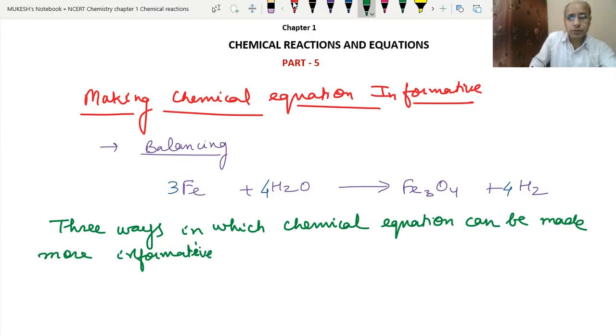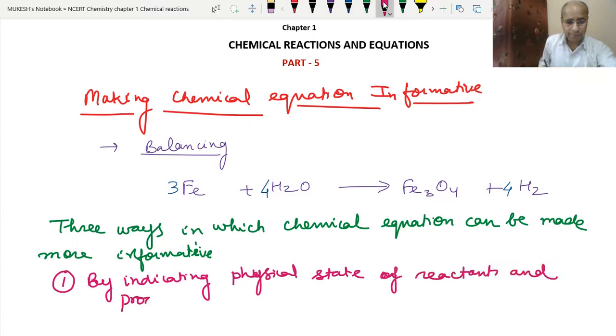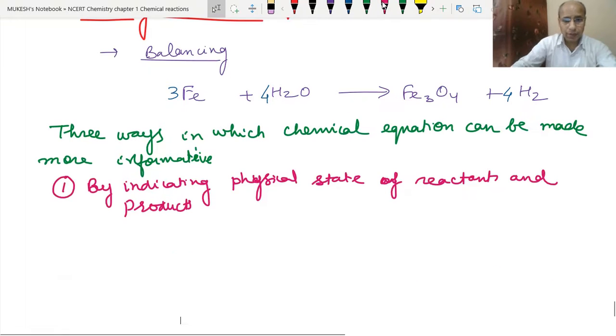Number 1 is by indicating the physical state of reactants and products. This is the first thing that we can use to make the chemical equation more informative. Now, what is the second thing that we can do?